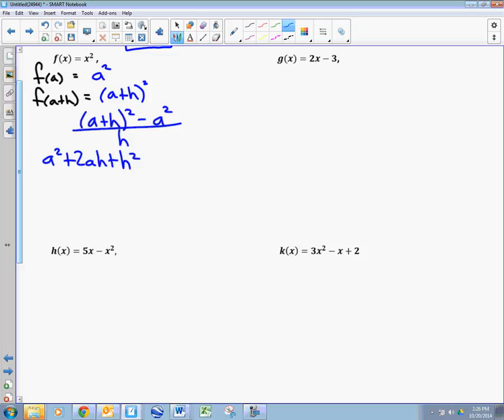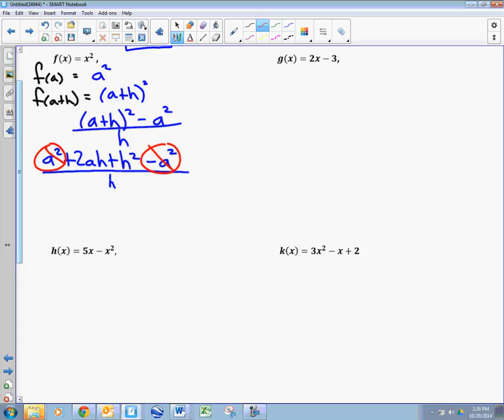Two ah plus h squared. I have a minus an a squared all over h. What do you notice? The a squareds cancel. Everything that remains has at least one h.